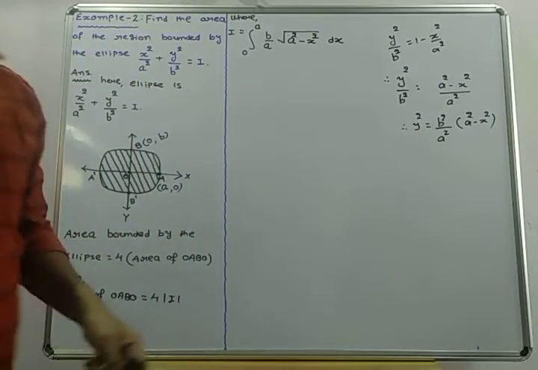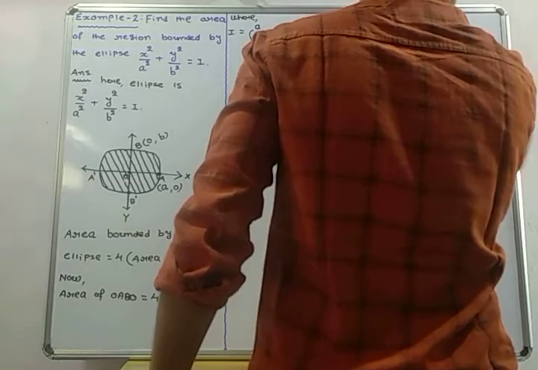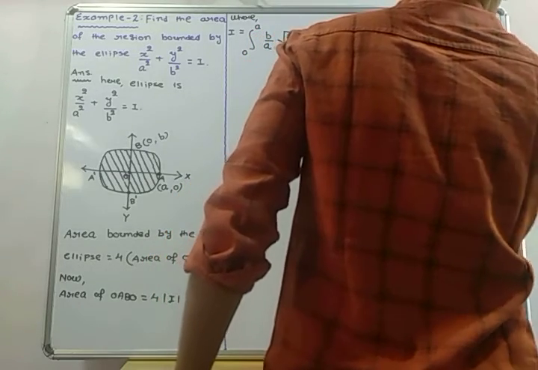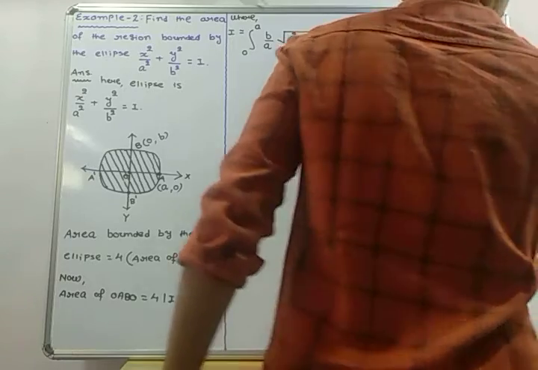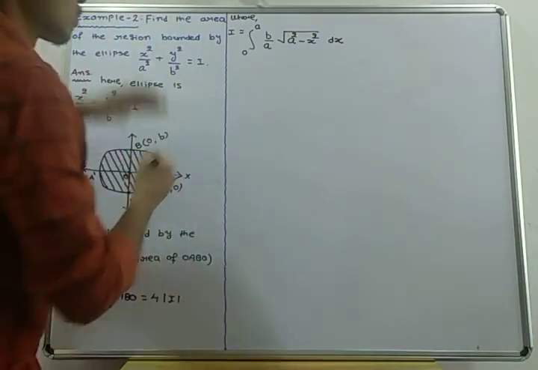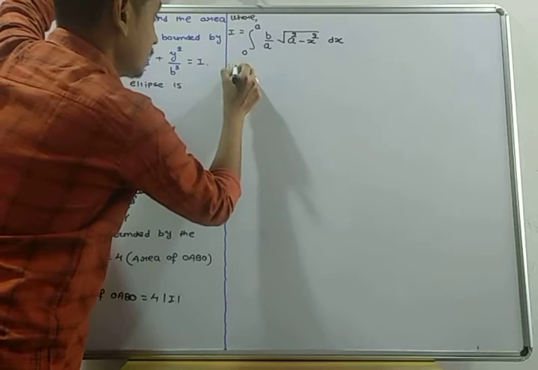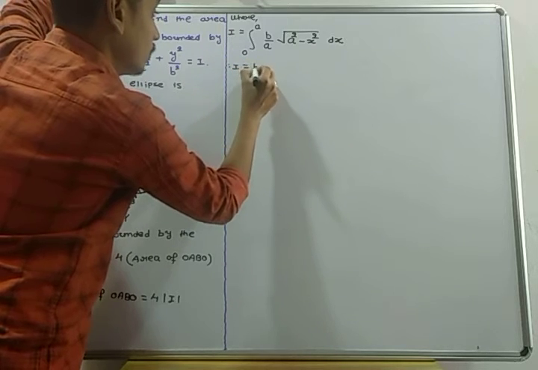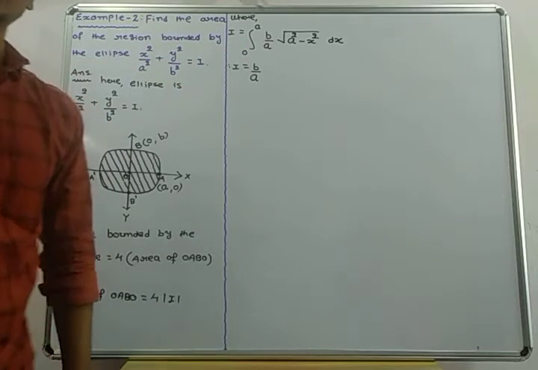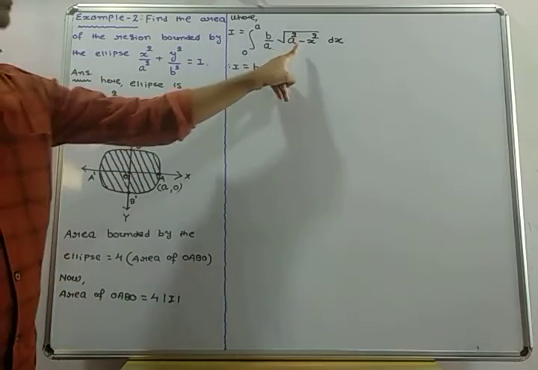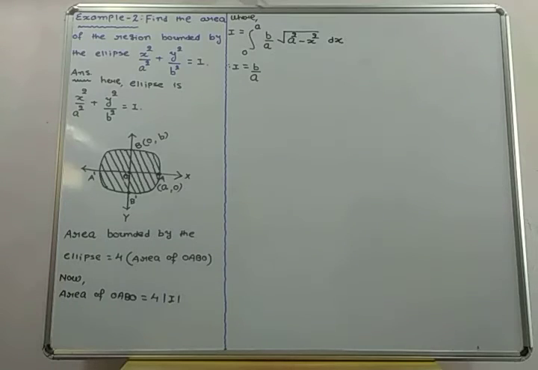Okay. b by a is constant. So taking b by a outside, I equals b by a outside and the integration of under root a square minus x square. Under root a square minus x square is our formula.